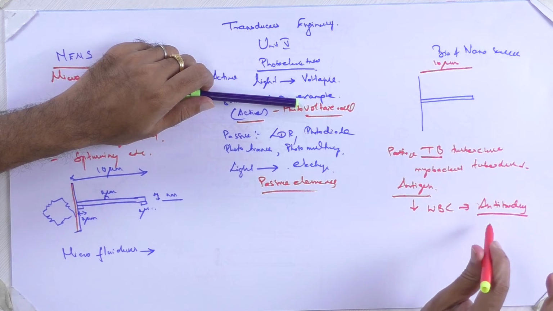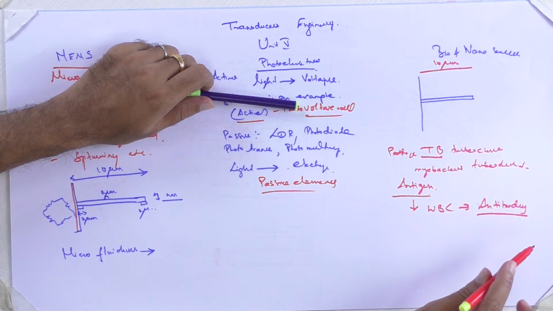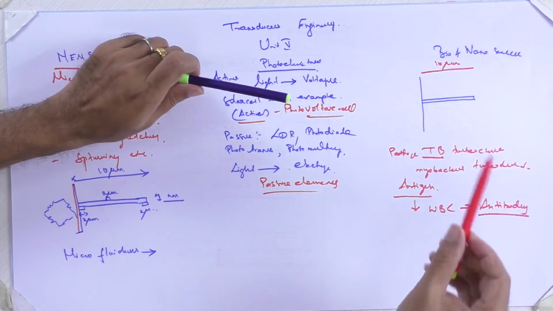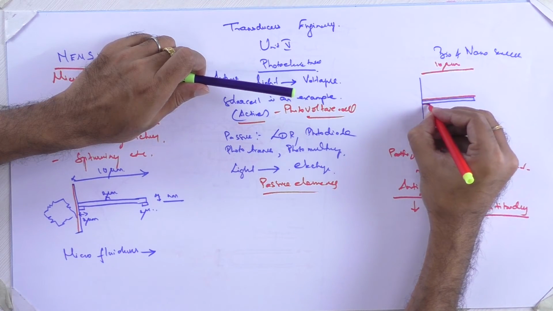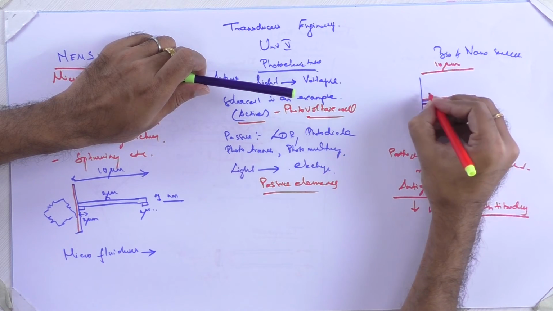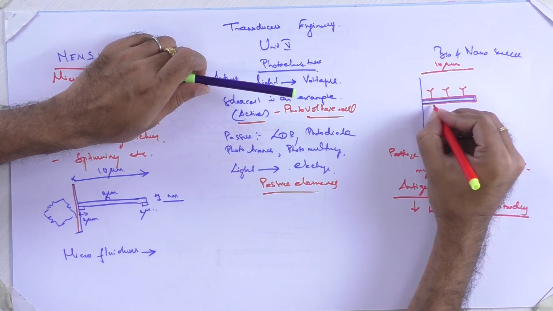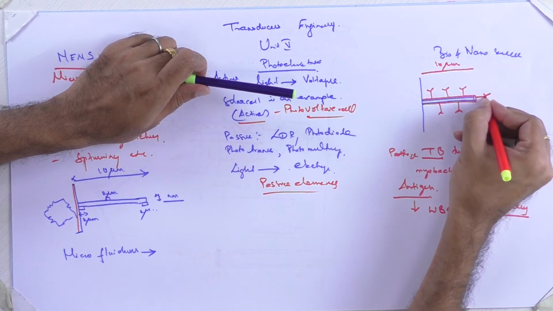This antibody is specially manufactured outside artificially and coated over this cantilever beam, and these are called receptors.